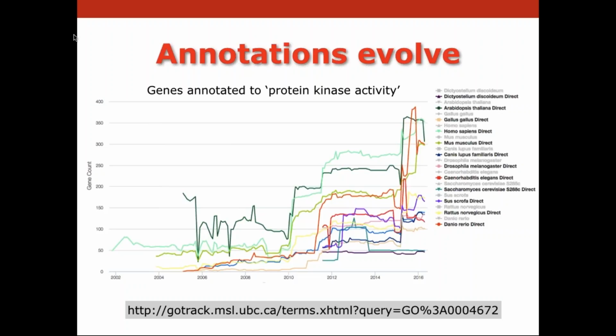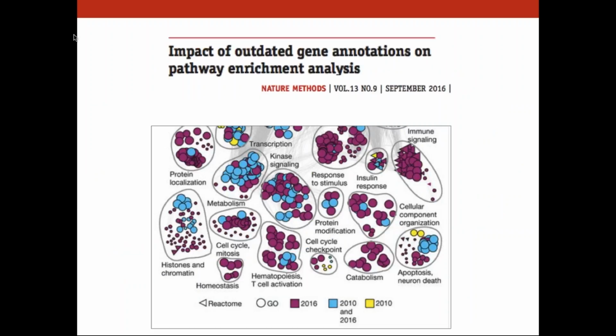And to illustrate this, there was a paper published just a few years ago that shows the impact of outdated gene annotation on pathway enrichment analysis. So for high throughput experiments, pathway enrichment analysis is really something that people almost always present in the paper.